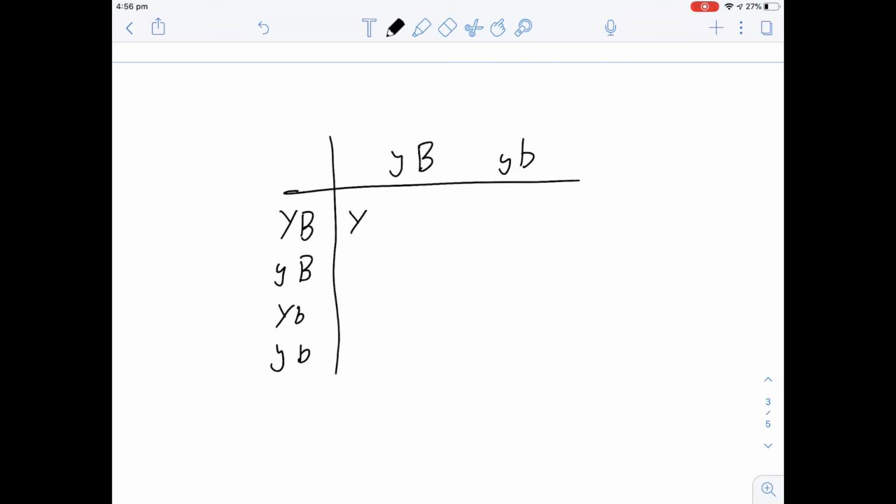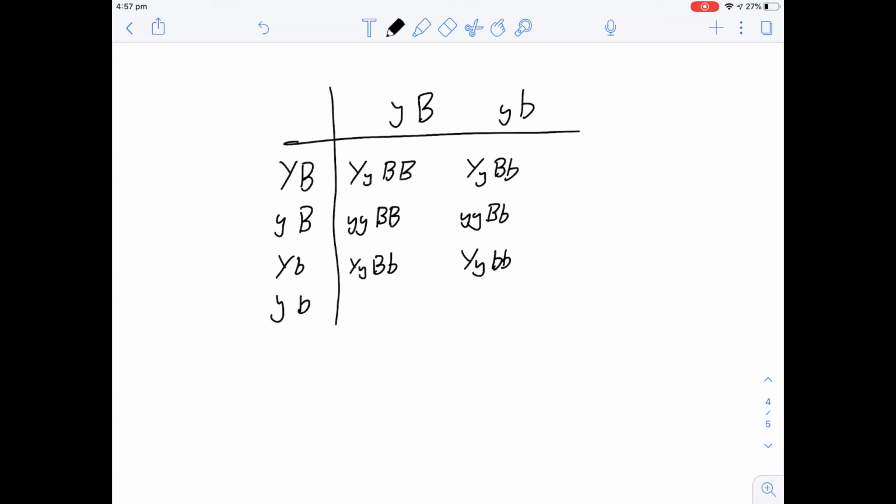And we're going to be heterozygous for Y and then homozygous dominant for B. And if we move across, then you're again going to be heterozygous for Y and heterozygous for B. Next, we've got homozygous recessive for Y and homozygous dominant for B. And then heterozygous for B. And then heterozygous for Y. And again here, but homozygous for B. Then we've got finally homozygous recessive for Y, heterozygous for B, and our final one here is going to be homozygous recessive for both.